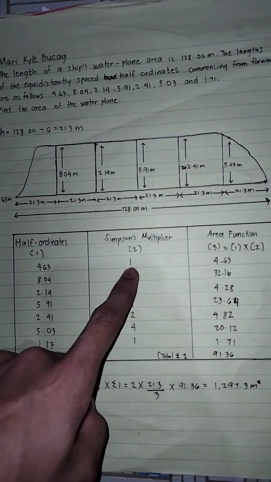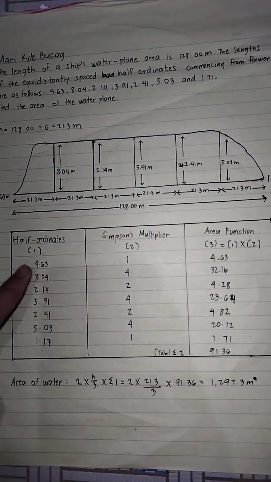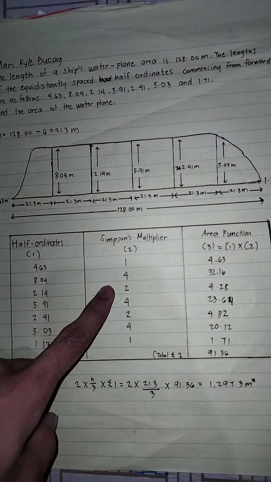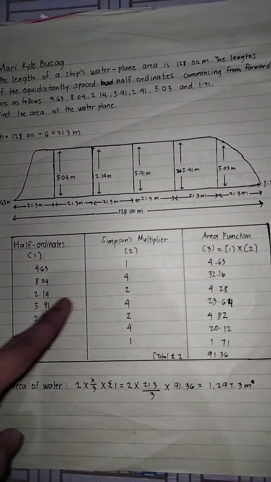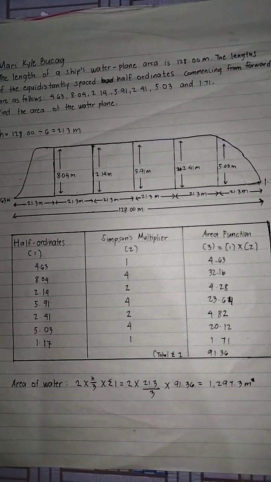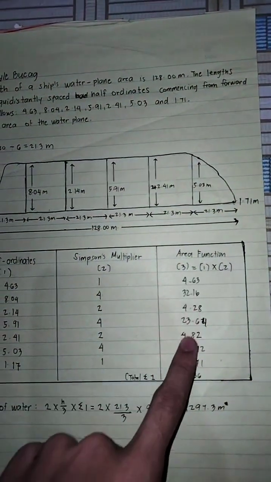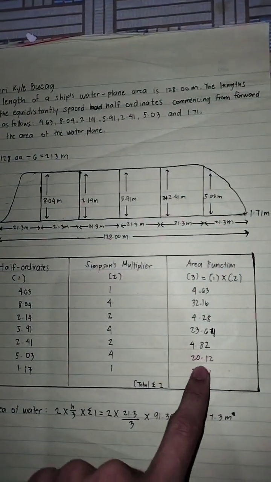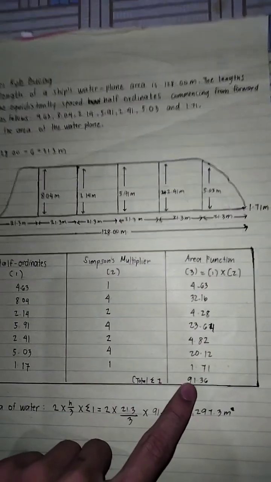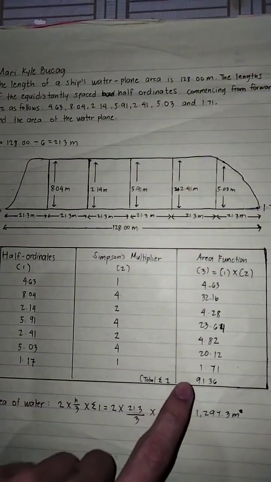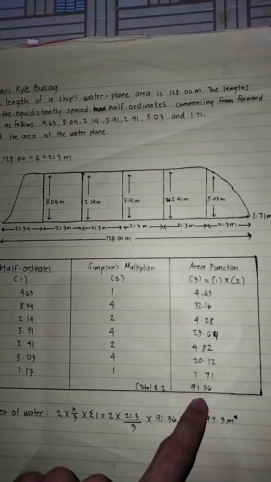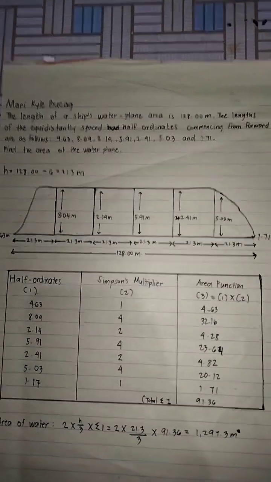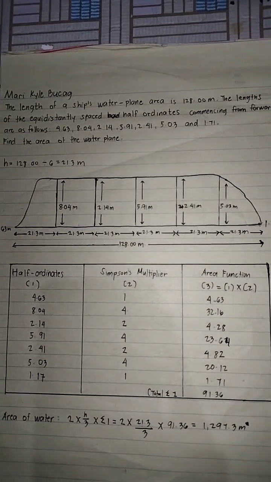4.63 times 1 is equal to 4.63. 8.04 times 4 is equal to 32.16. 2.14 times 2 is equal to 4.28, and so on. After getting all the area functions, you should total all of them. The total of these area functions is 91.36. So we already have the total area function.